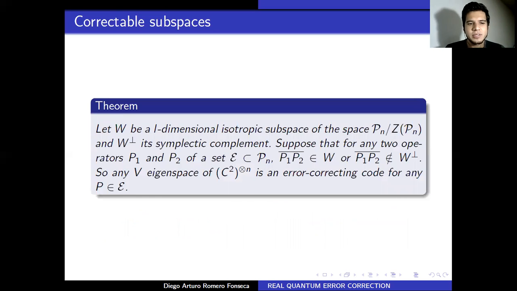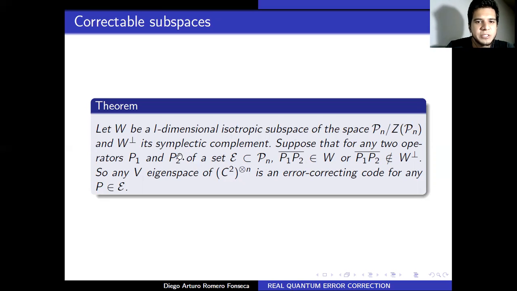So with this theory, we can actually prove the theorem. Suppose we have an L-dimensional isotropic space W, and we suppose that for any two operators P1 and P2 belonging to E, which is a subset of Pn, the product P1 P2 belongs to W or does not belong to the orthogonal complement.